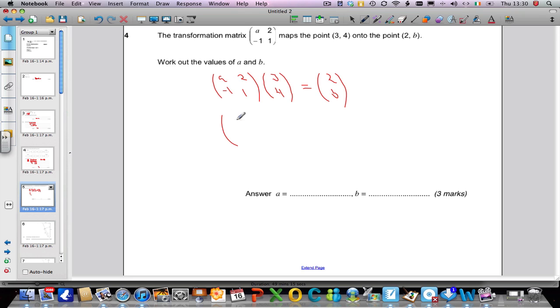So to work out the top row, in fact, just to backtrack a little bit, it's a 2 by 2 matrix, and it's multiplied by a 2 by 1 matrix. So these are compatible, which means we can multiply, and which tells me my answer will be a 2 by 1 matrix.